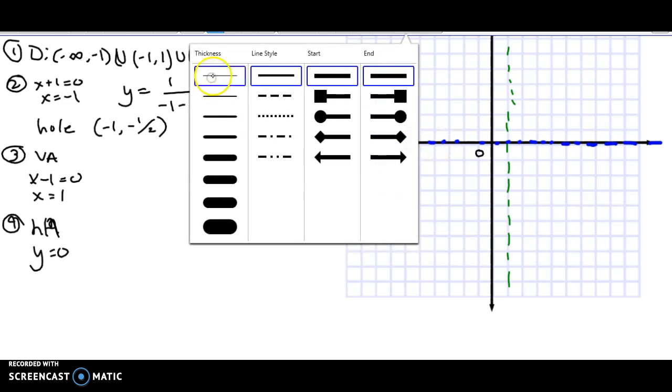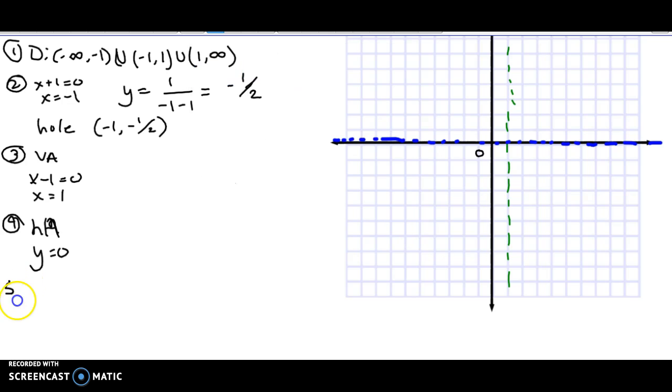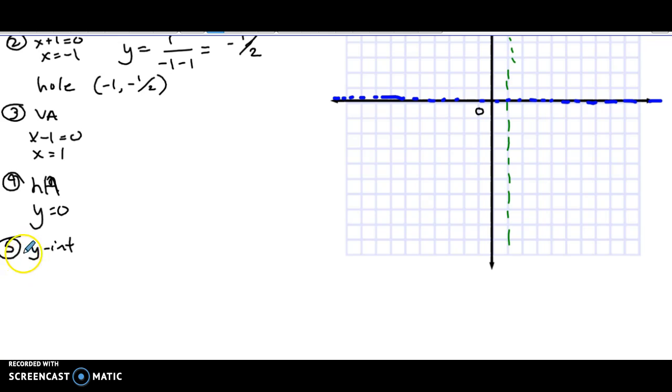The next part, number 5, we have to identify what our y-intercept is. So in order to identify our y-intercept, we take y and plug it into our equation, put x in for 0 and solve for y. So we have y equals 1 over 0 minus 1, which equals negative 1.